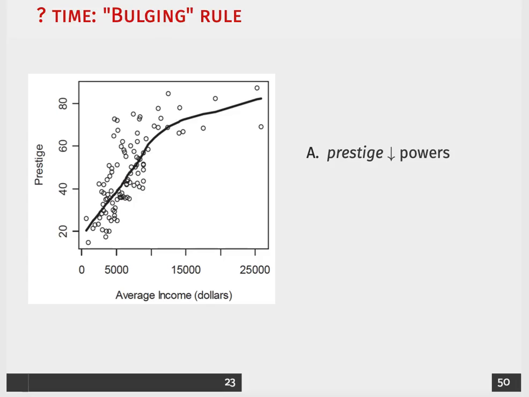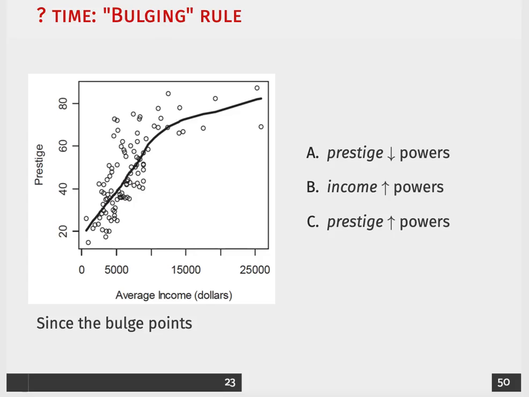One, we could take a power of prestige and decrease that power. We could increase the power of income. If we decrease the power of prestige, we would be either taking a negative value or the square root. We could also increase the power of prestige.